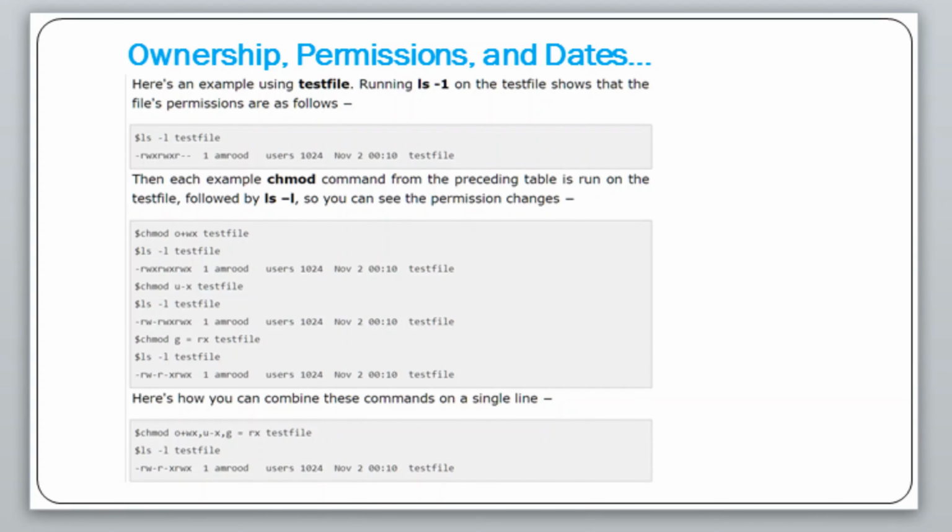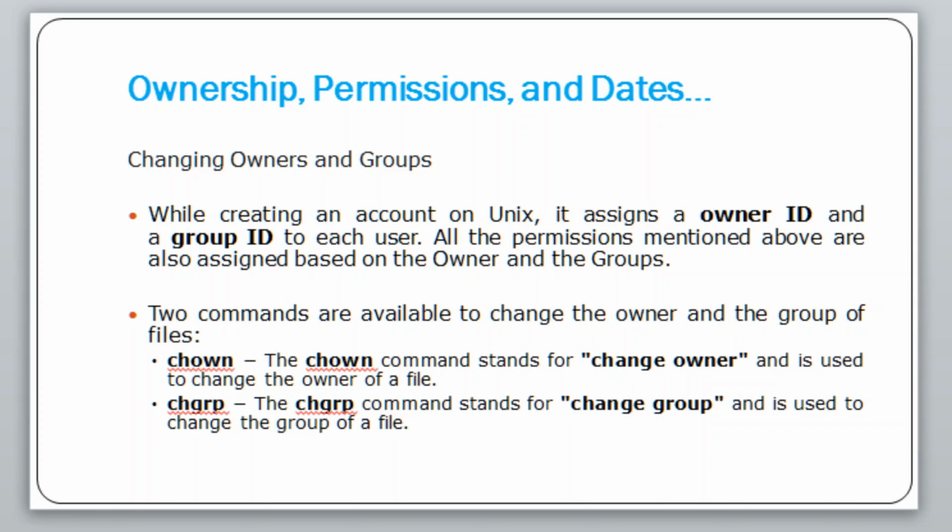Let's go back to our PowerPoint. So changing owners and groups is different than changing permissions. While creating an account on Unix, it assigns an owner ID and a group ID to each user. All the permissions mentioned above are also based on the owner and groups.